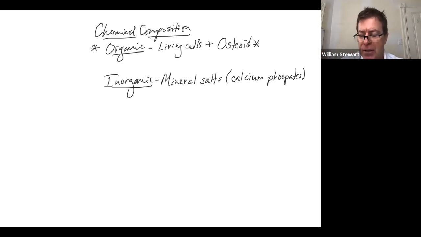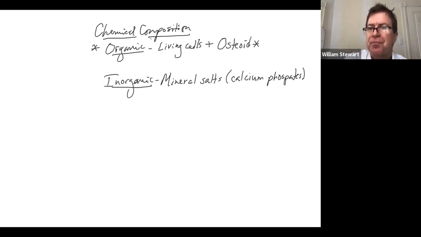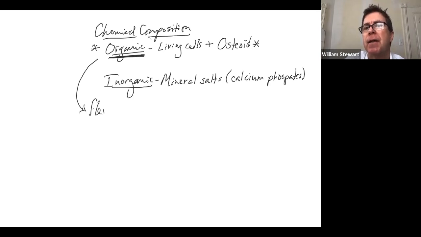But there's some other things as well, things like magnesium, manganese. This gives bone some flexibility. Okay? This really gives bone its hardness.